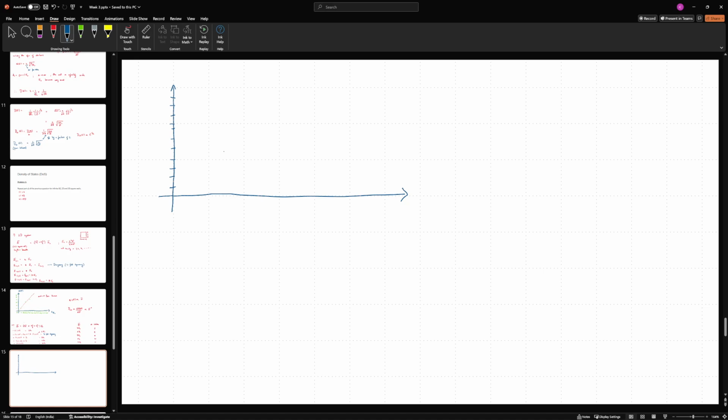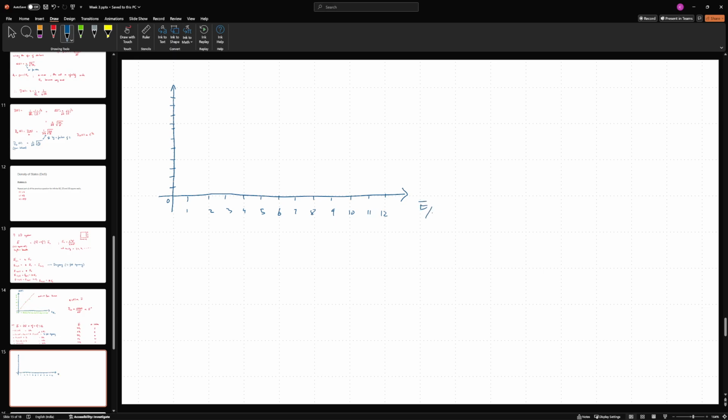And this time I have taken enough squares on the x-axis. 2, 3, 4, 5, 6. So 0, 1, 2, 3, 4, 5, 6, 7, 8, 9, 10, 11, and 12.